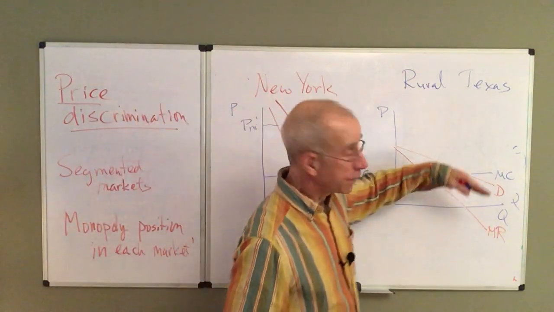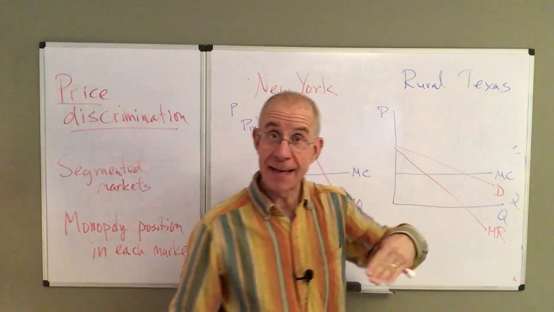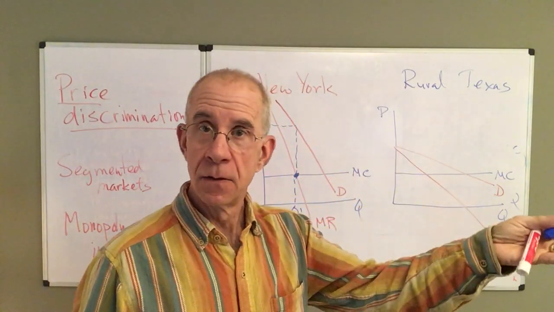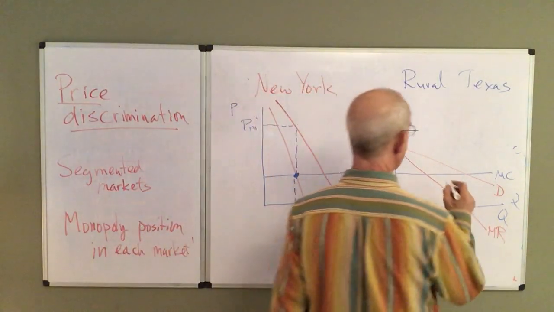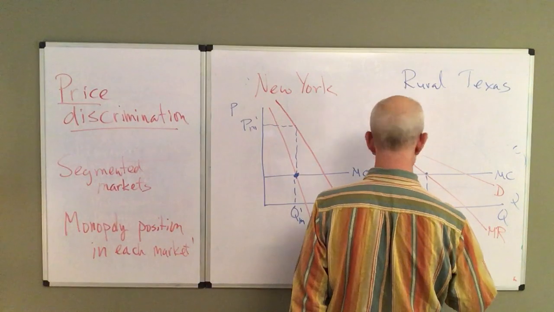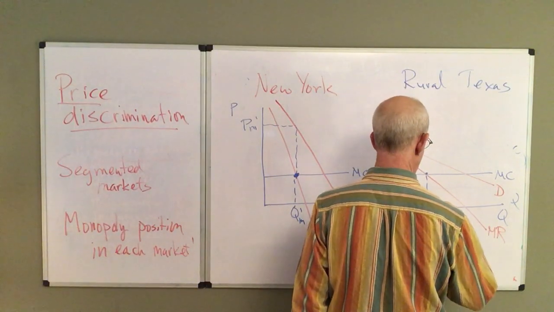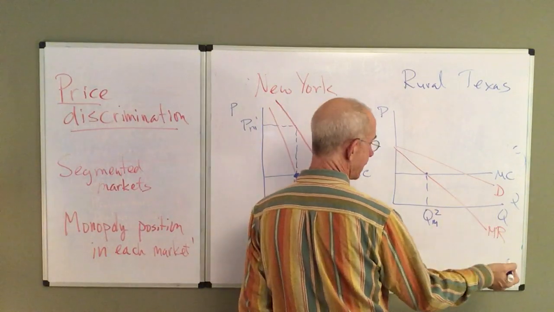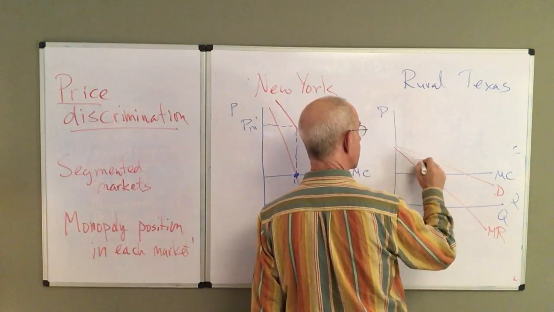Where the demand curve is flatter, that is where the demand is more elastic in rural Texas, they choose a quantity such that marginal revenue equals marginal cost.